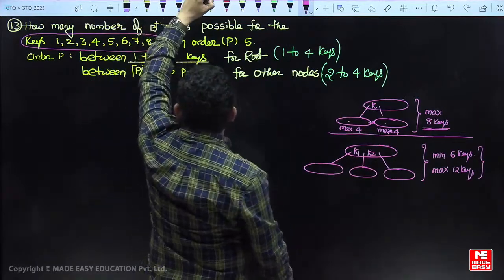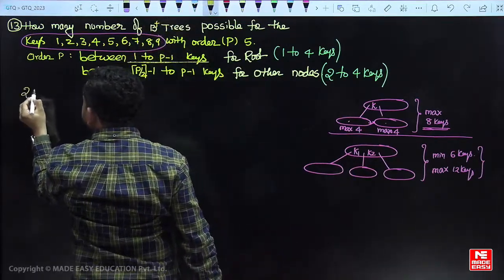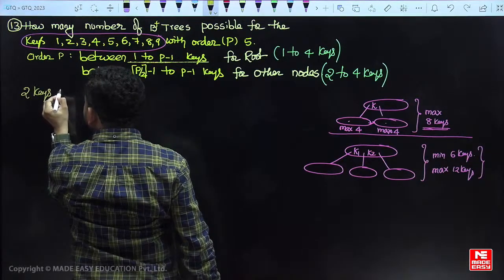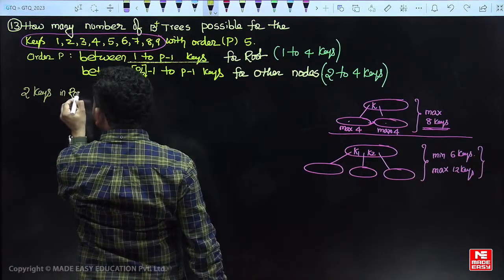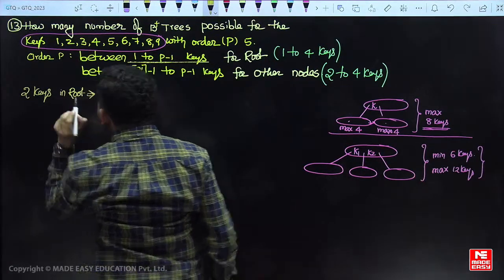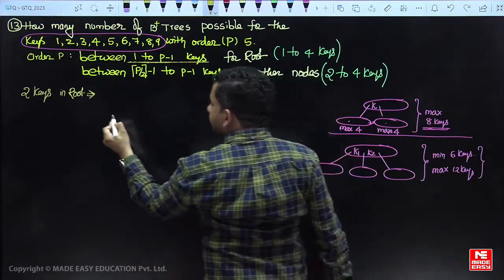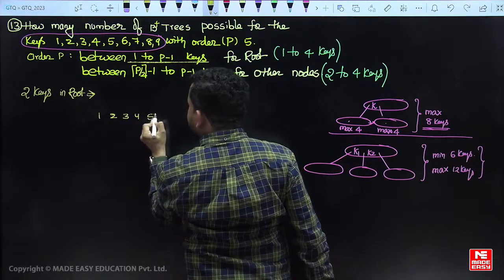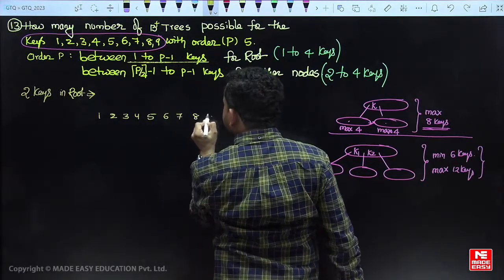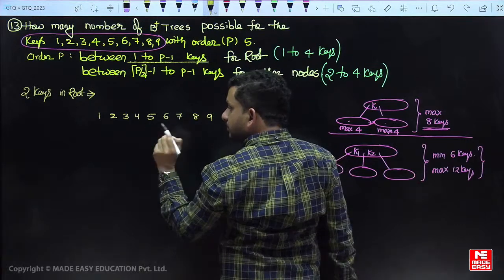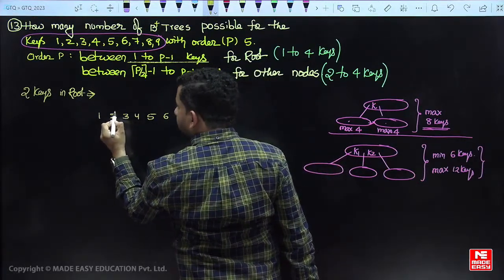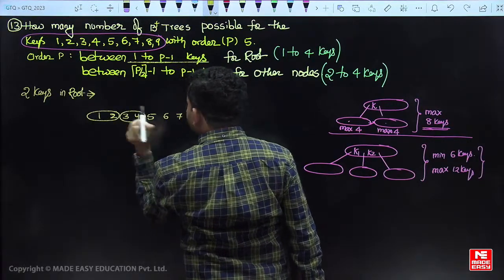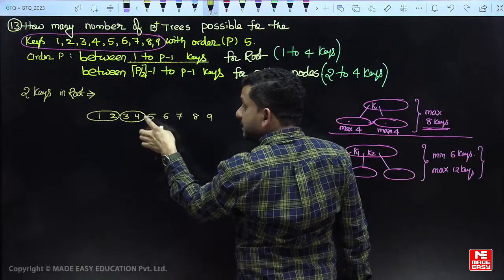Now, if I take 2 keys at the root level, how many ways can you distribute the keys? These are the keys: 1 2 3 4 5 6 7 8 9. With 2 keys in the root there are 3 leaf nodes.